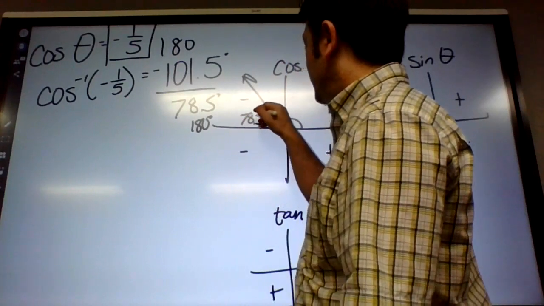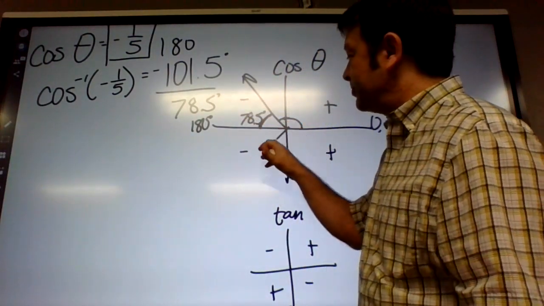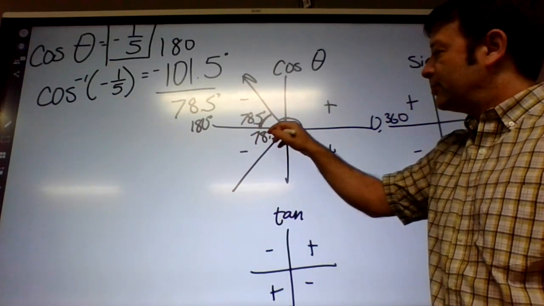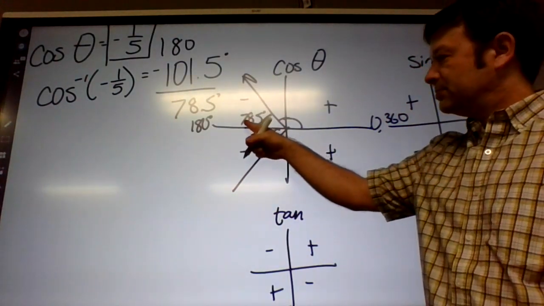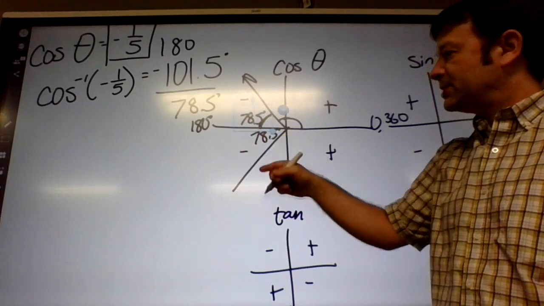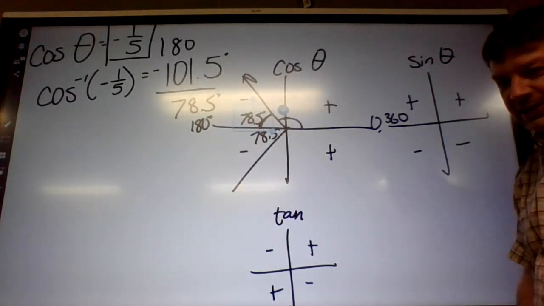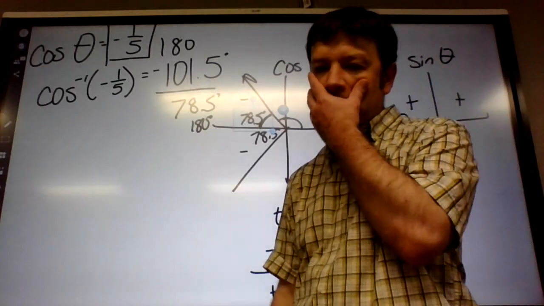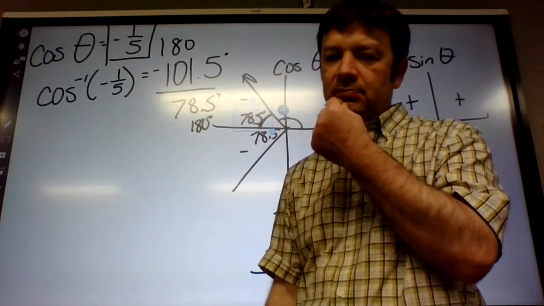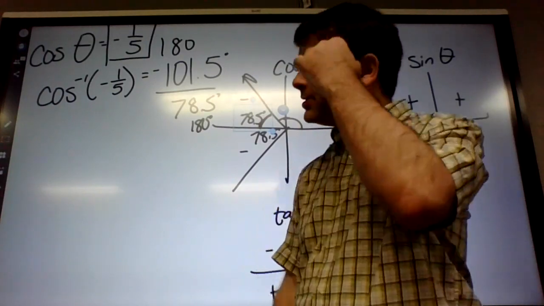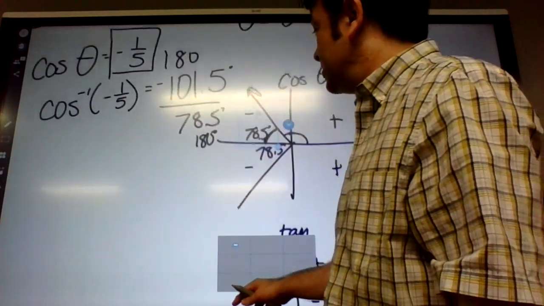Now that's not our answer, but that reference angle helps us find what our answer in the third quadrant will be. So we do 180 plus 78.5. And that is it. Okay, number 3 is kind of the same.